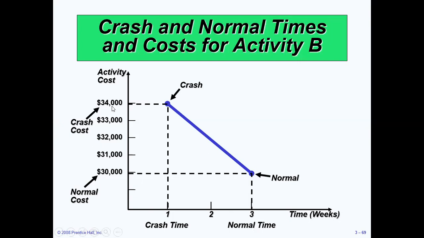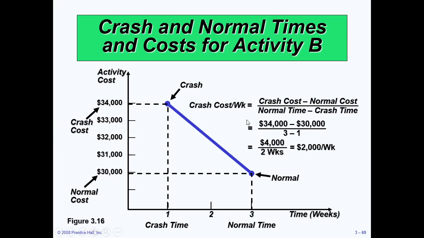The crash cost of activity B is $34,000. So this would be the graph that we can draw here. I think this graph is very simple.